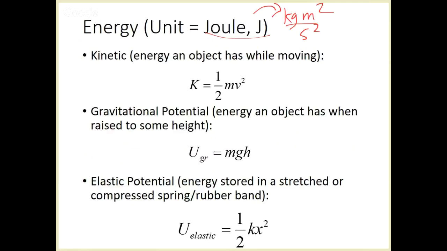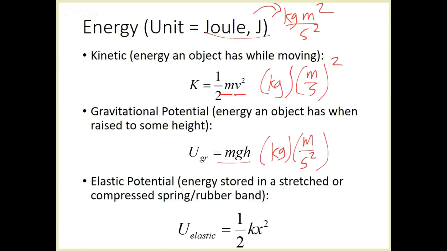For example, if you did a kinetic energy problem, I know the mass is in kilograms, my velocity is in meters per second, and I'm squaring it. So it simplifies down to kilogram meter squared per second squared. Same deal with gravitational potential energy. Mass is kilograms, g is meters per second squared, and h is meters. Oh, look at that. It simplifies down to kilogram meters squared per second squared.